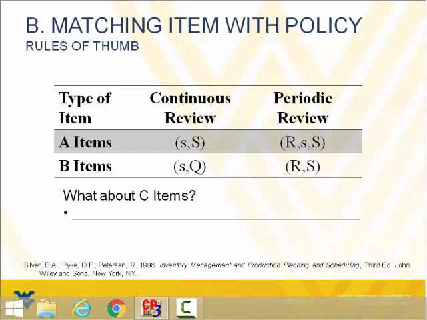We can manually see when something is needed. If we have 3 stacks, when we have just 1 stack left, then we know we have to place an order, right? So visually, you can keep track of C item inventory. So that's typically how C item inventory is managed. So you use a manual system.